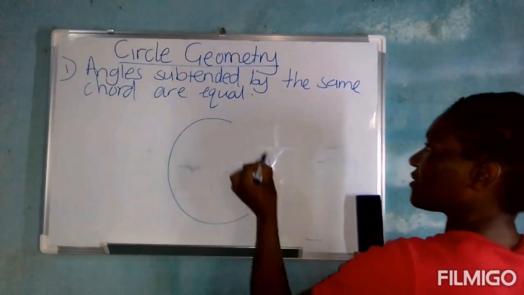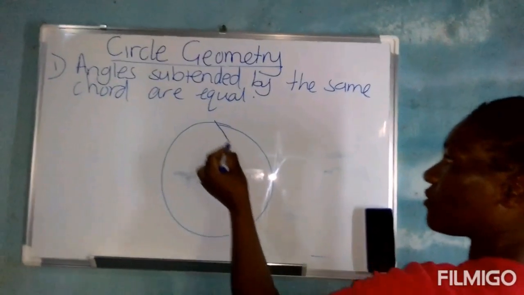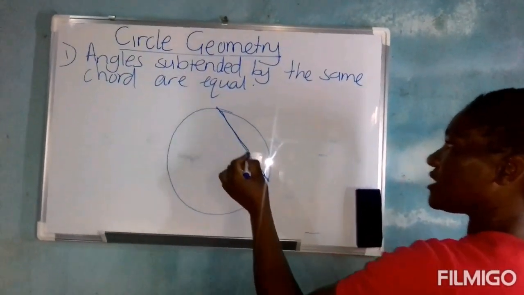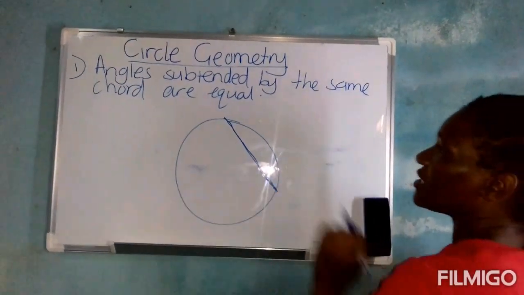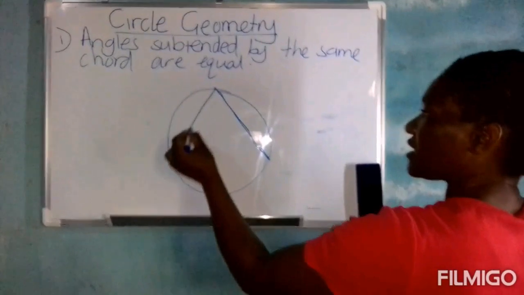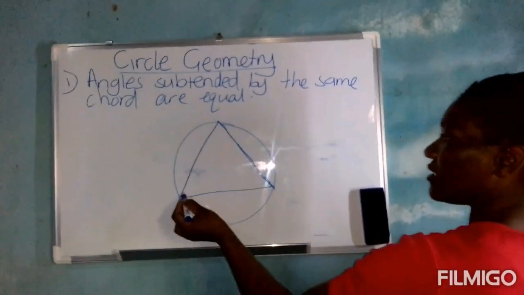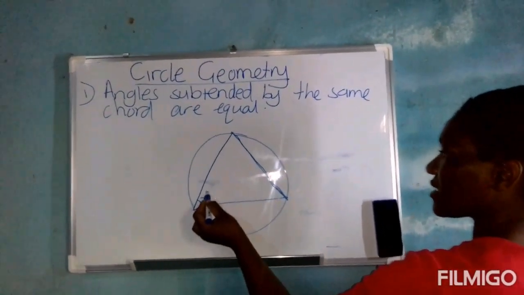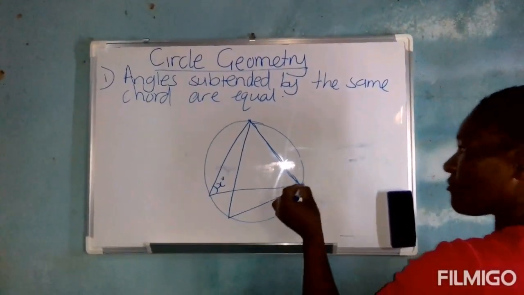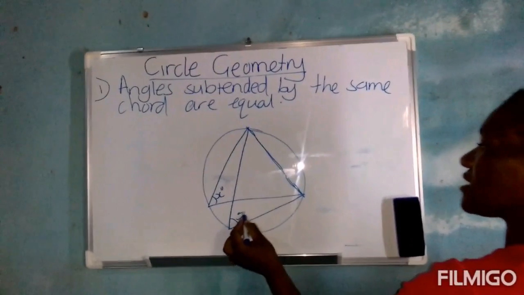Let's say we have our circle there and we have a chord. The angles that are subtended by this chord at the circumference are equal. We subtend an angle there. This angle, let's say it's x degrees, is equal to this angle subtended by the same chord, x degrees.